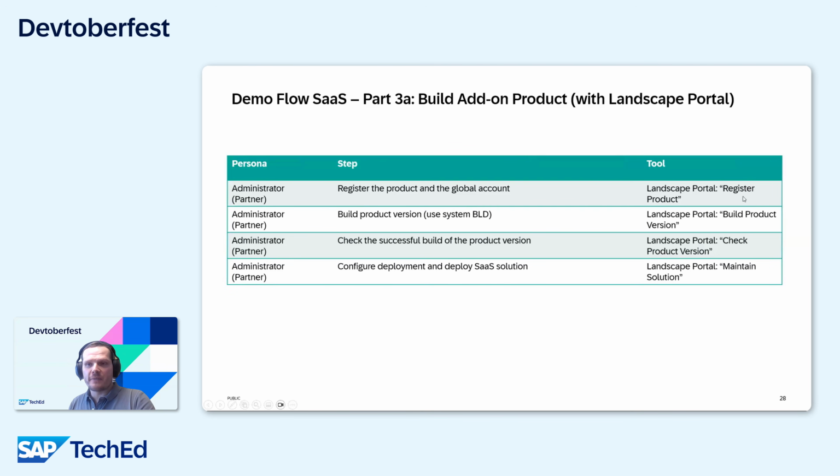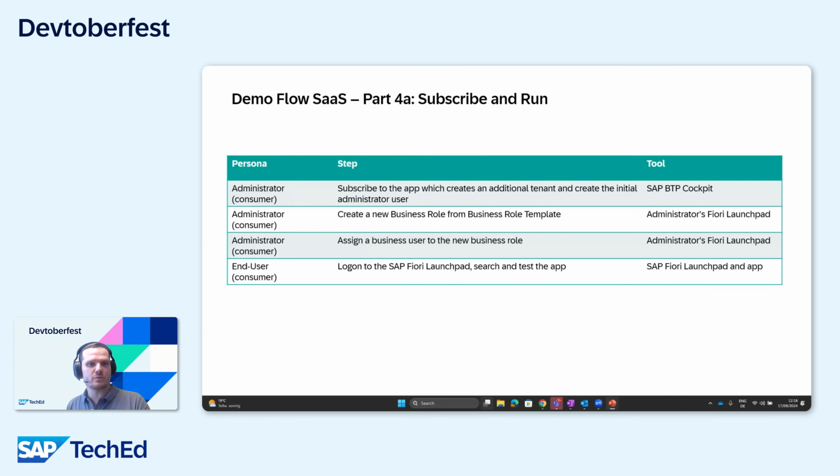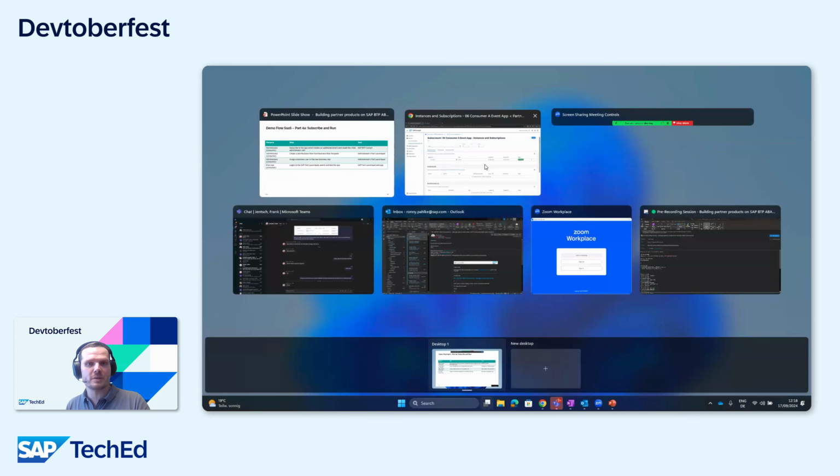So we have already covered the product build phase. Of course, it's done by the partner or by the administrator. And the subscription is then done by the administrator on the consumer side. And the consumer can then log on to the SAP Fiori Launchpad, search and test the app. That means, maybe I can also show this shortly to you.